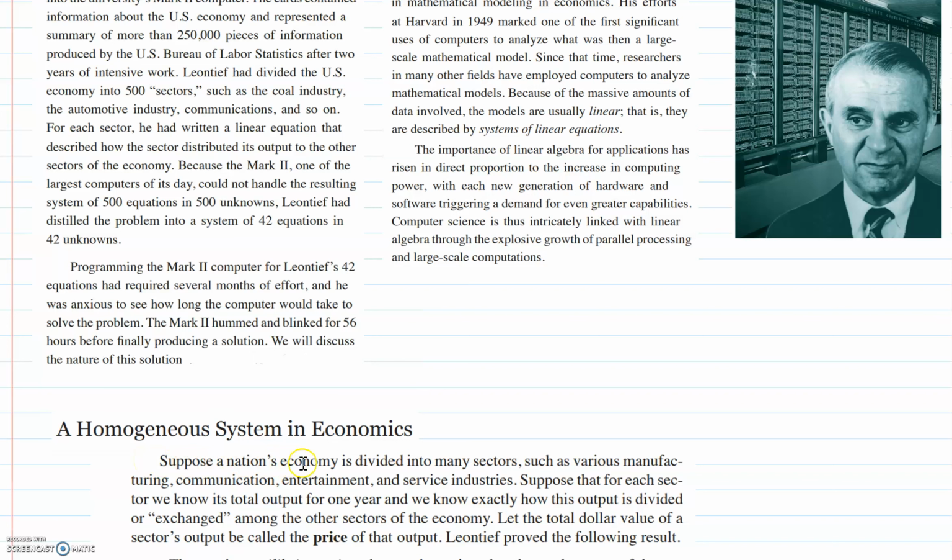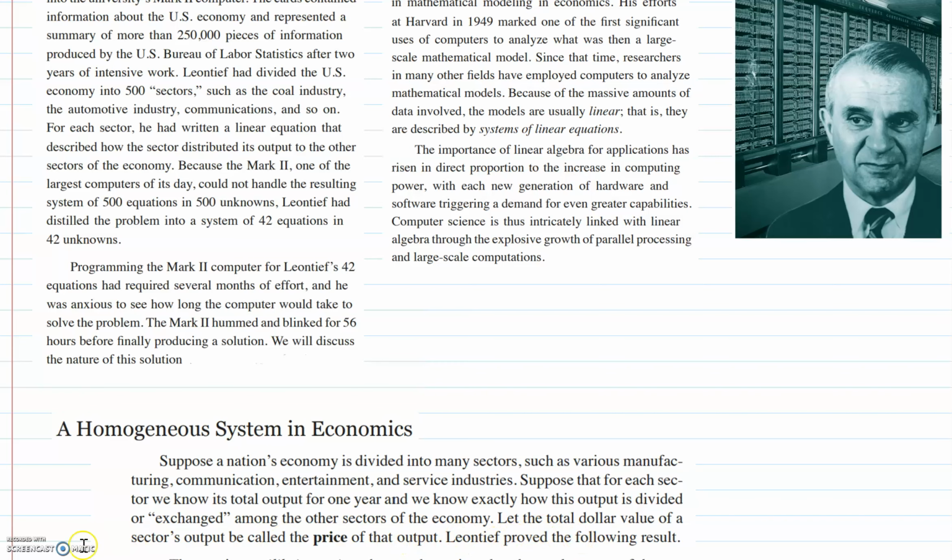Suppose a nation's economy is divided into many sectors, such as various manufacturing, communication, entertainment, and service industries. Suppose that for each sector, we know the total output for 1 year, and we know exactly how this output is divided or exchanged among the other sectors of the economy. We're going to first do the exchange model. Let the total dollar value of a sector's output be called the price of that output.